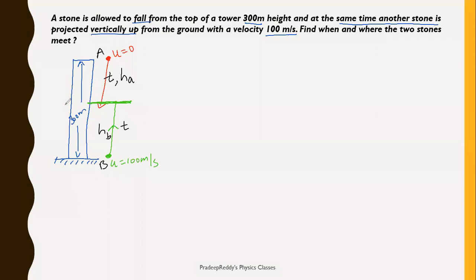Now till here it is ha, and till here it is hb. What is the total height? Total height is ha plus hb, which is equal to 300 meter. That is mentioned in the problem.